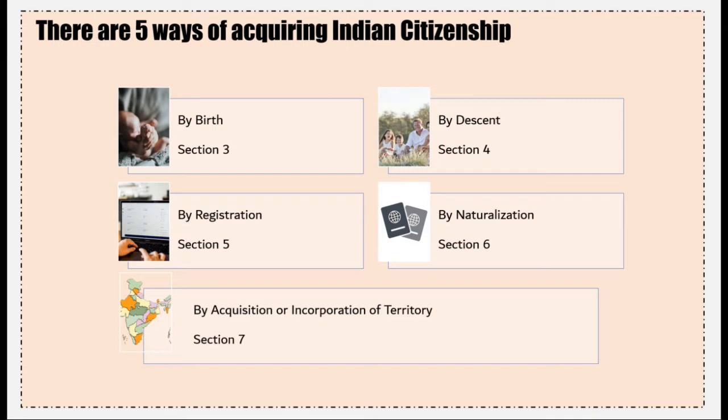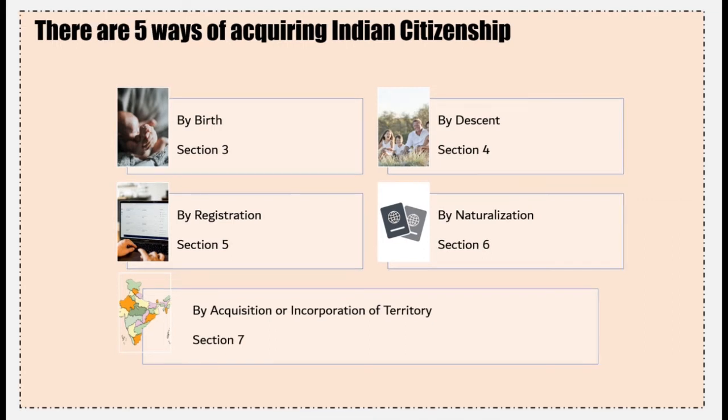D. Minor children of Indian citizens. E. A person of Indian origin who is a citizen of any country but has been residing in India for 7 years, or in government service, before applying for registration.